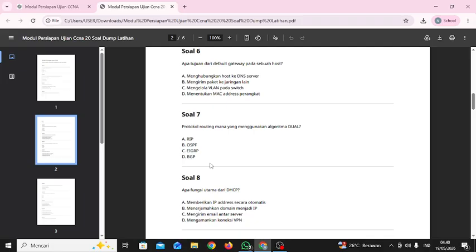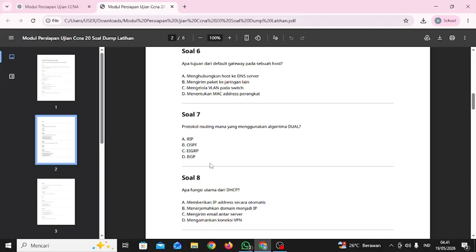Okay, and explanation: EIGRP uses the Diffusing Update Algorithm, or DUAL. DUAL helps EIGRP find the best route, quickly recover from failures, and prevent routing loops. Okay, EIGRP is known for fast convergence, efficiency and advanced routing capabilities.